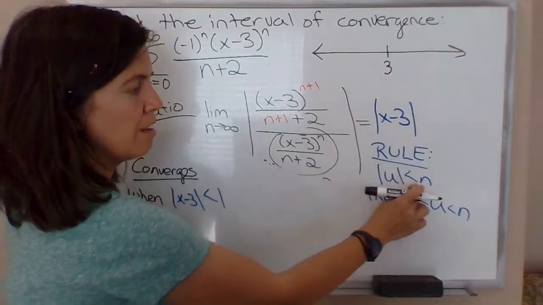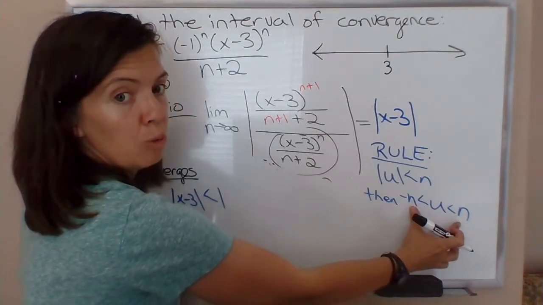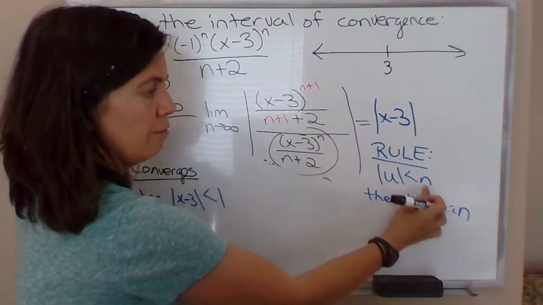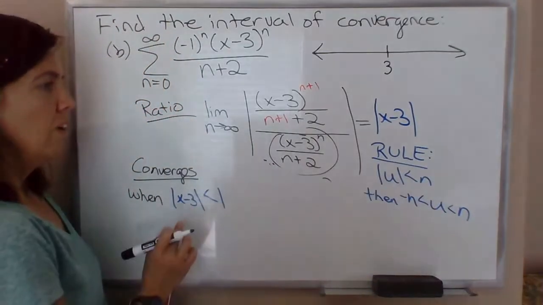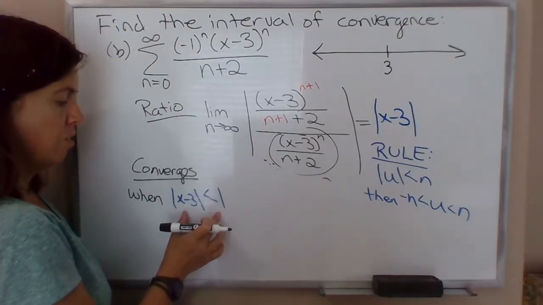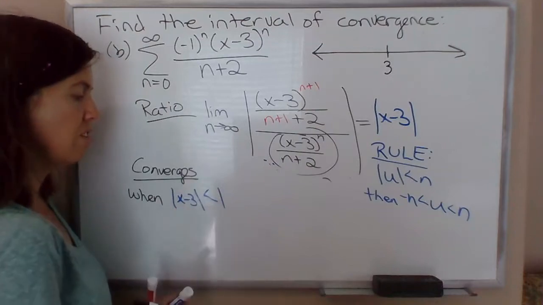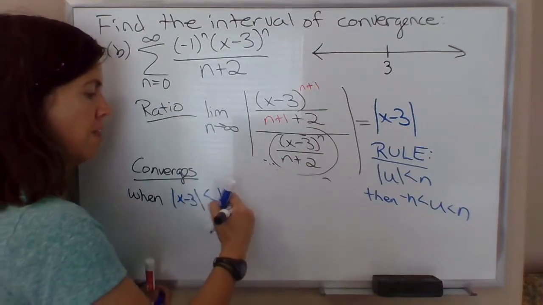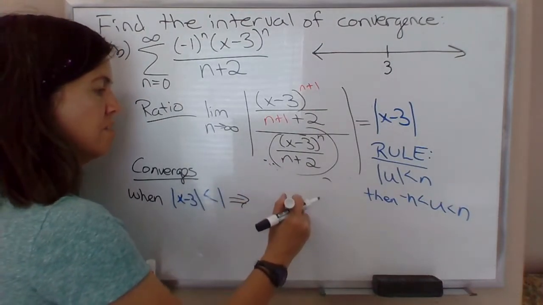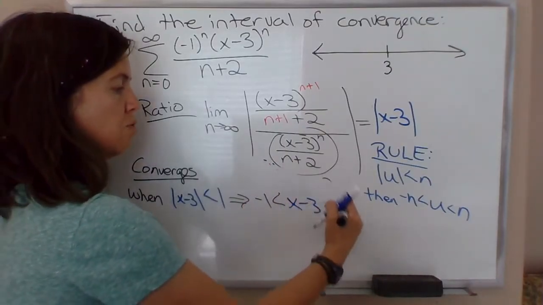So if you have the absolute value less than some positive number, then you should take what's in the absolute value and put it between positive and negative whatever that number is. So in this case, the u is x minus 3. So if the absolute value of x minus 3 is less than 1, then that means that x minus 3 must be between -1 and +1.